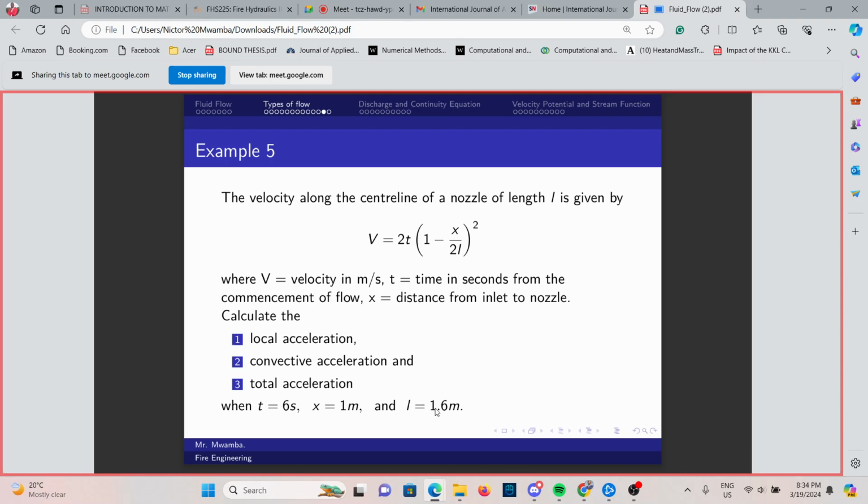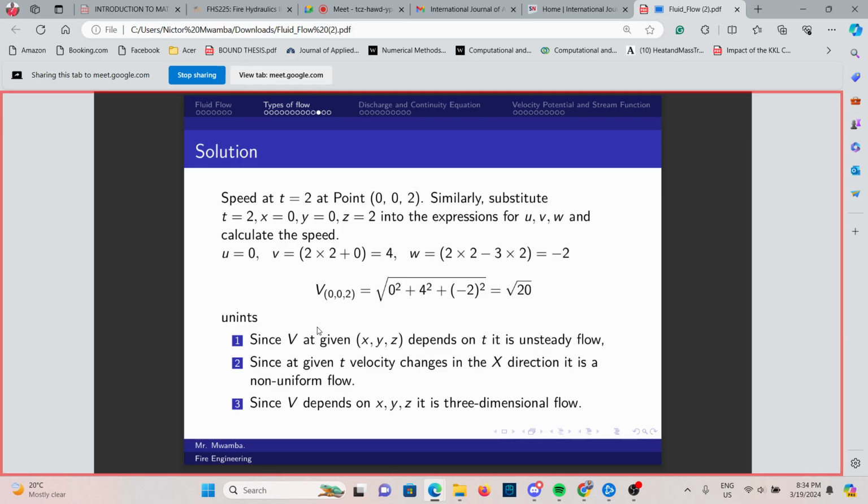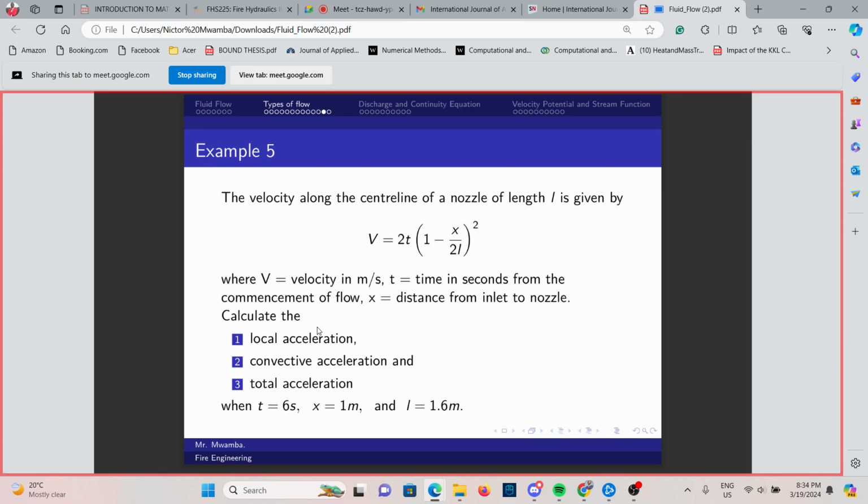The question is saying calculate the local acceleration, calculate the convective acceleration, and then calculate the total acceleration, given the velocity equation here.